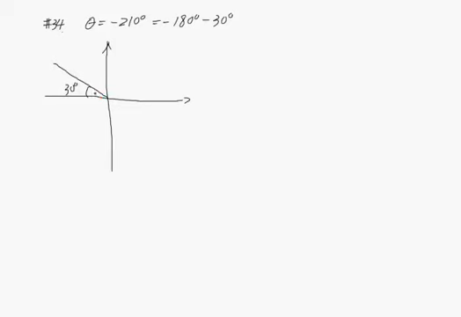So this one is negative 210 degrees. Then what is the reference angle? 30, right? So theta prime, the reference angle, is equal to 30 degrees. In radian measure, pi over 6.